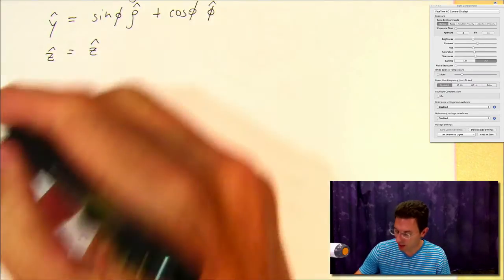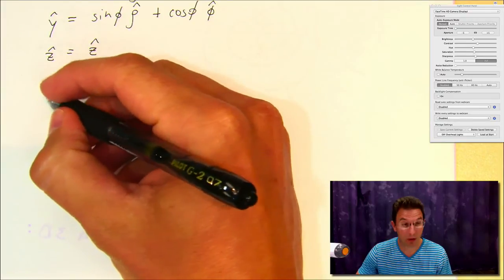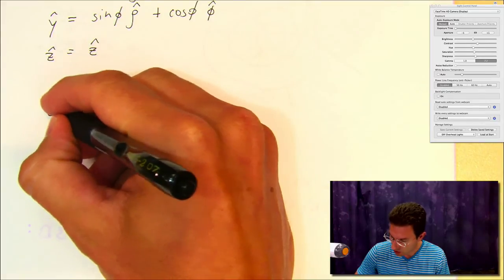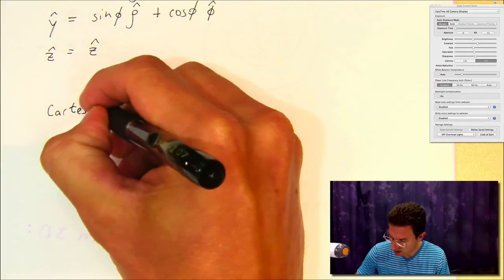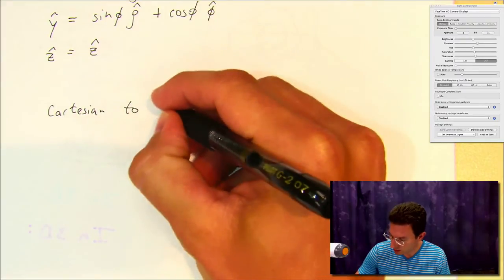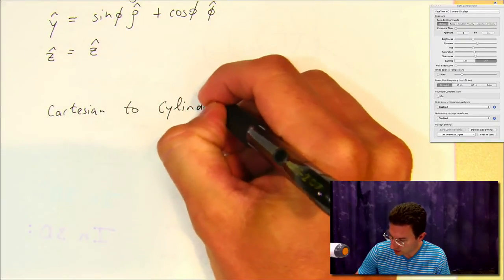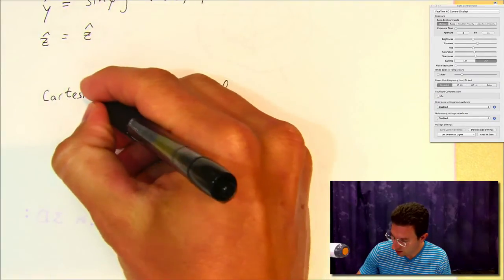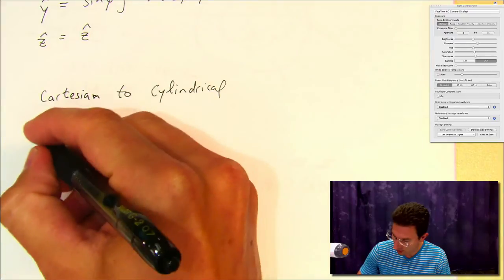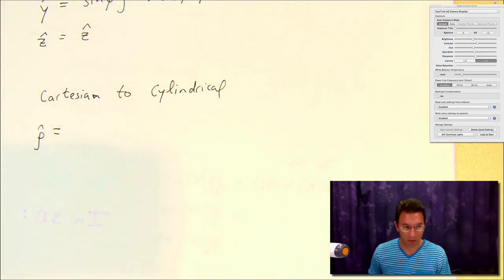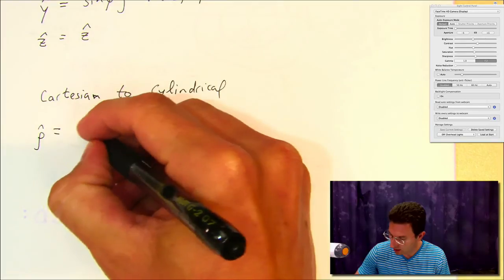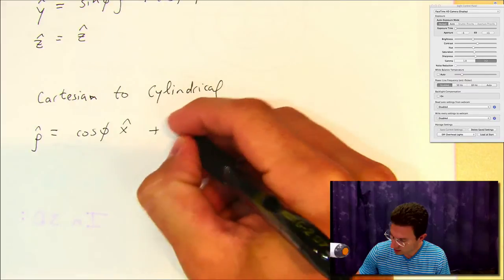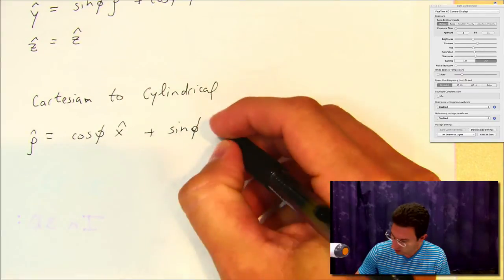The same can be said for the cylindrical unit vectors. We can go from Cartesian coordinates to cylindrical coordinates. And the relationships are the following. The rho hat vector may be written as cosine of phi x hat plus sine of phi y hat.